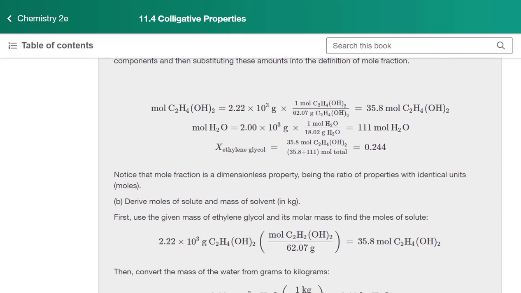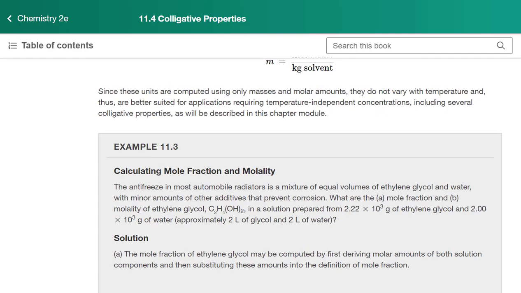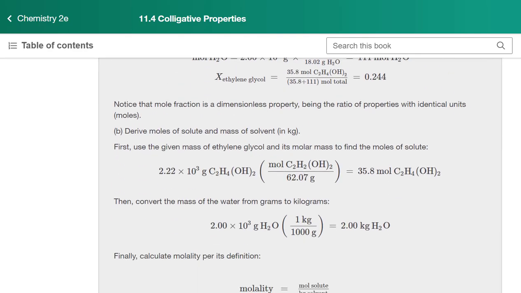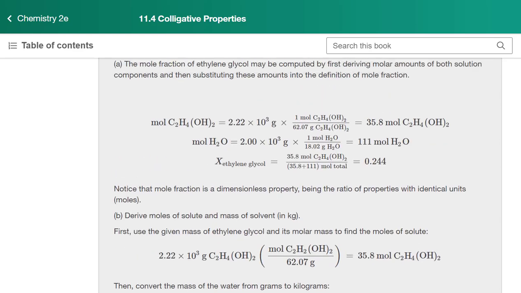For part B, we're looking for the molality. Molality again is defined as moles of solute per kilogram of solvent. We have already found the moles of ethylene glycol in the first part, right? So that's this right here.